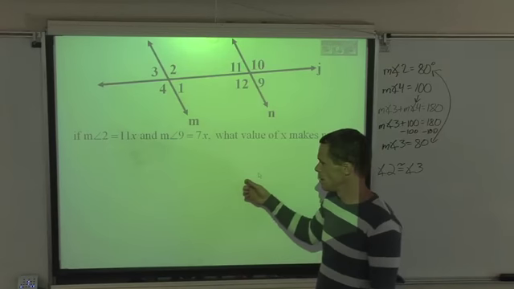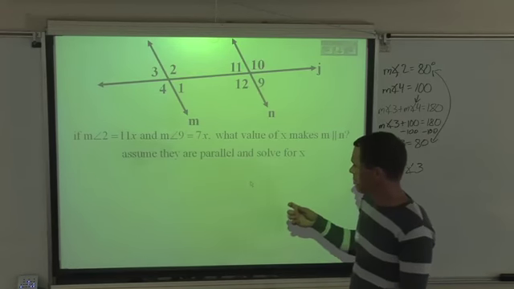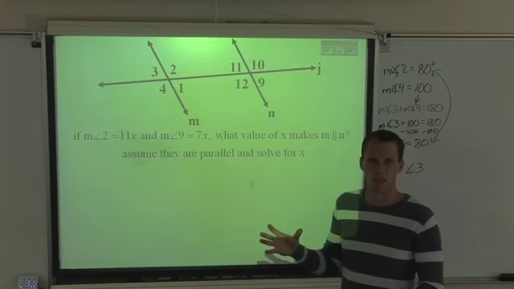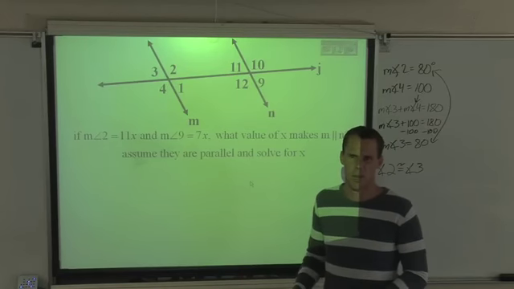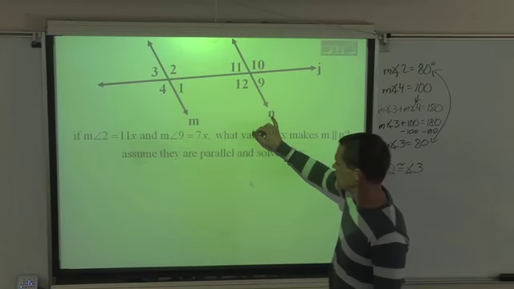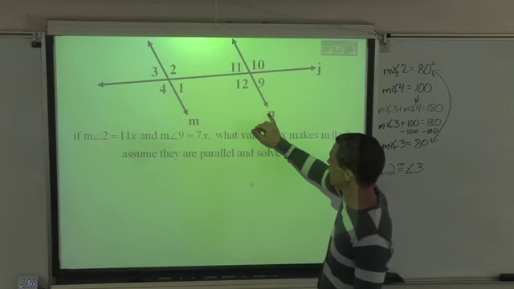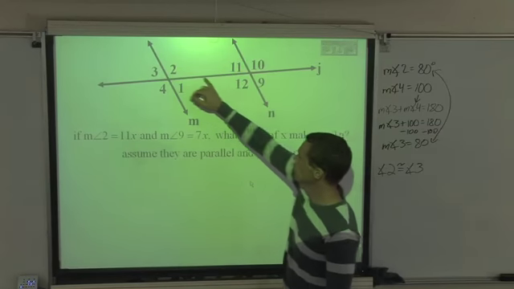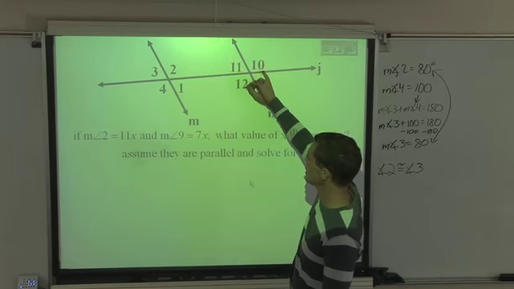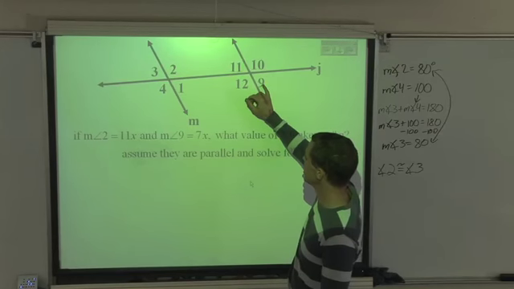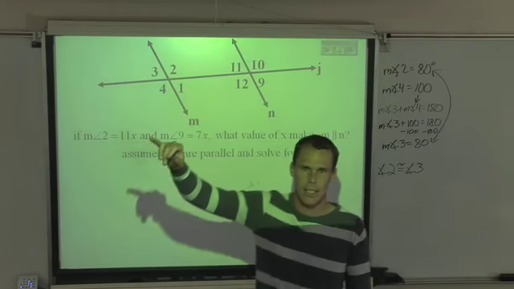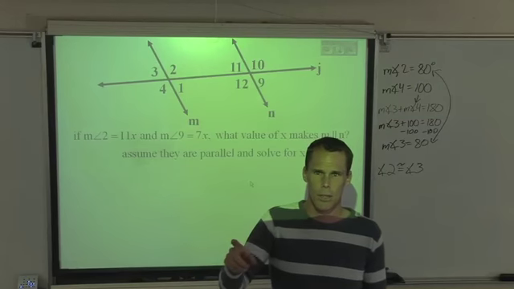And what do we know? Well, let's assume the lines are parallel and see what we can figure out. Let's just pretend the lines are parallel for a second. M and N. 2 is related to 10. 9 is not. 9 is vertical to 11. Now we have something to work with.